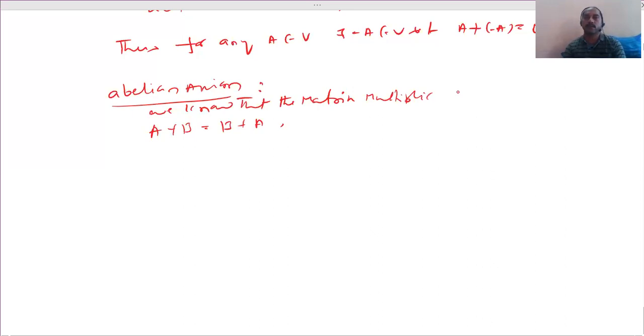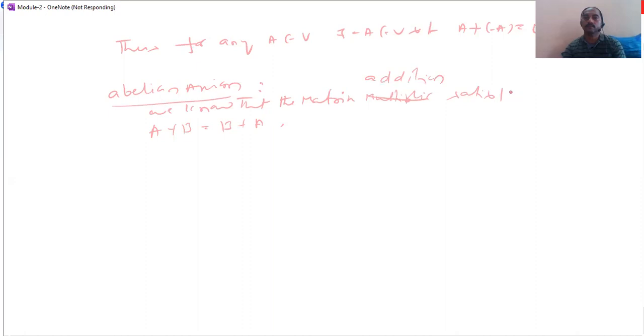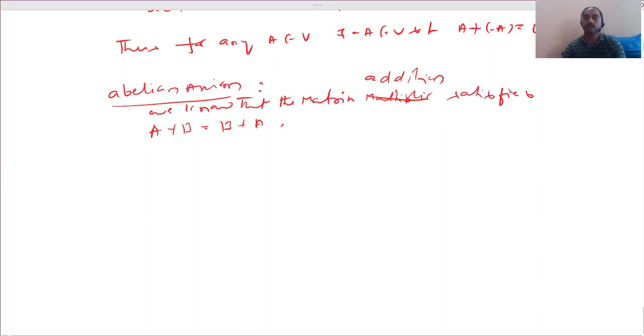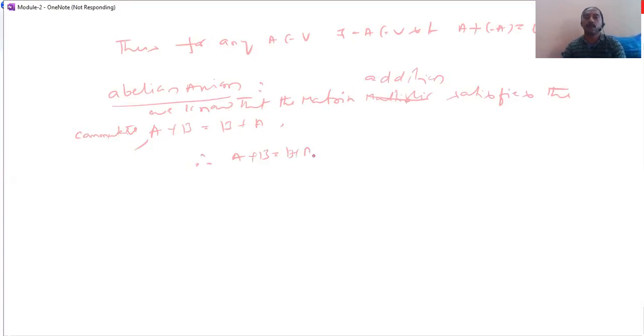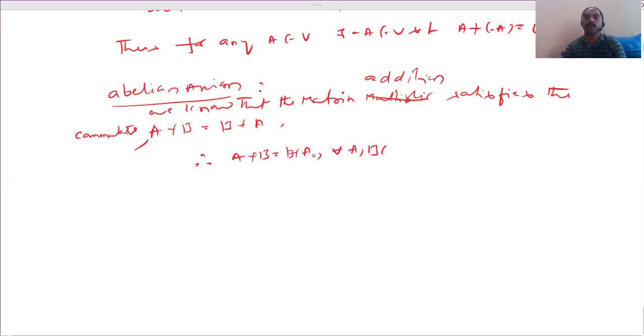Matrix addition satisfies the commutative property. Therefore, in V also we have matrices, so it satisfies A plus B equals B plus A for all A, B belonging to V.